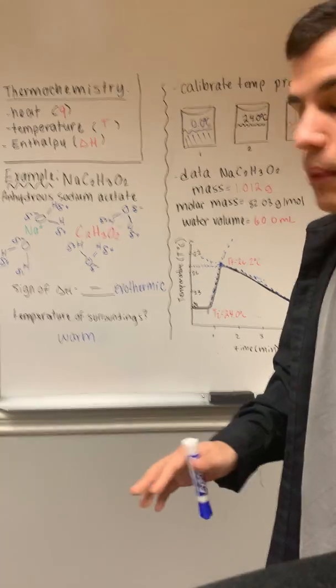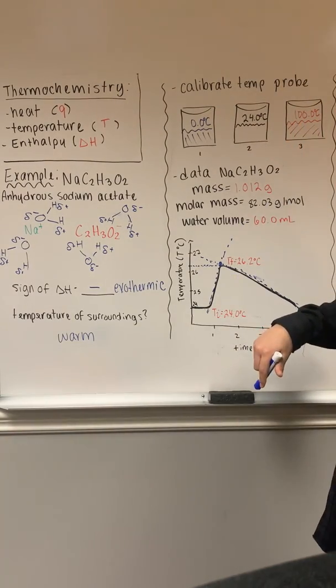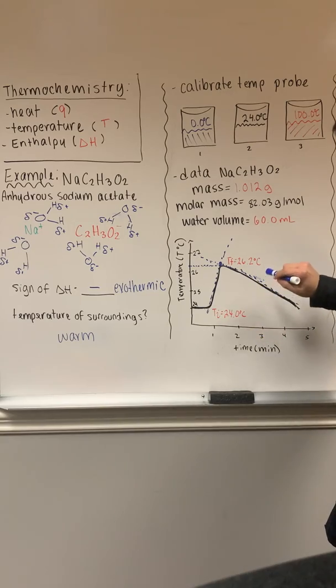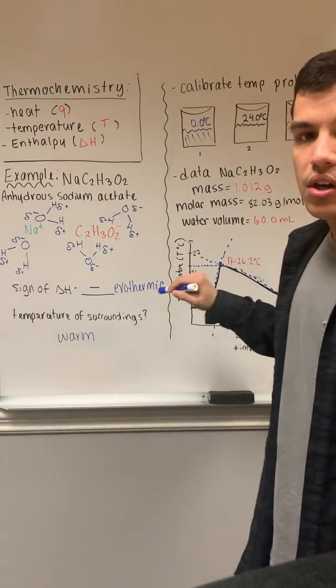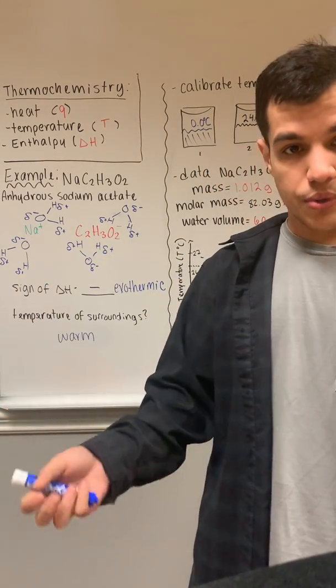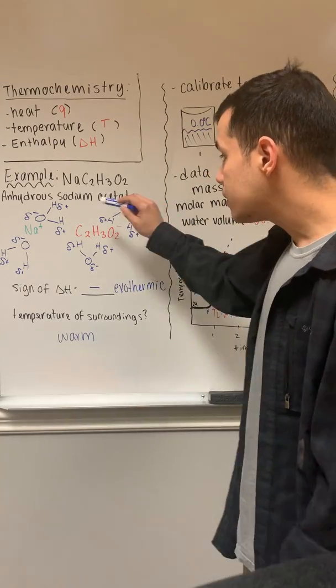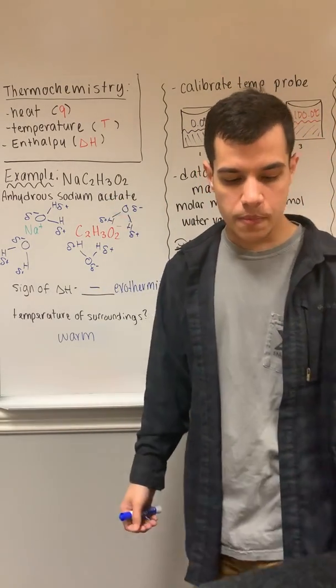So the data that we collected here was the mass of the salt, the volume of water, and the initial and final temperature of that solution. Again, this is a solution where we have a solute and a solvent. Our solute in this case is the salt, and the solvent is water.